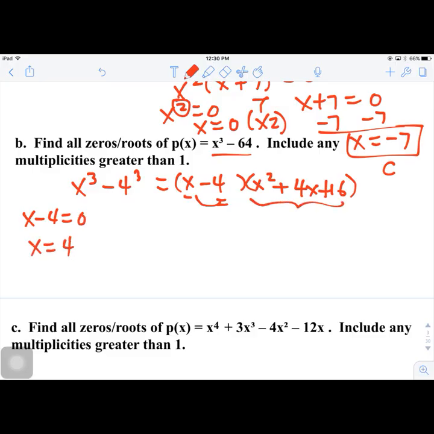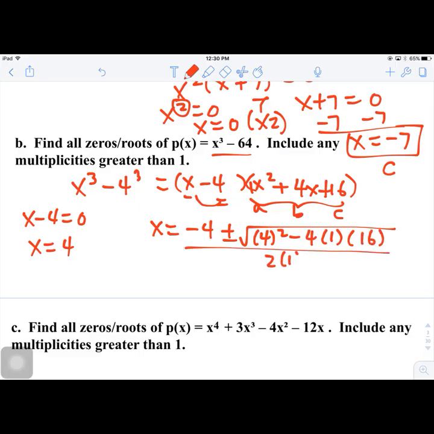For the second one, since we cannot factor it anymore, we are going to use the quadratic formula. So that would be a, b, c. So that's negative b, which is -4, plus or minus square root of b squared, that's 4 squared, minus 4 times a, which is 1, right there in front of x squared is 1, and then c is 16, all over 2a, so 2 times 1.